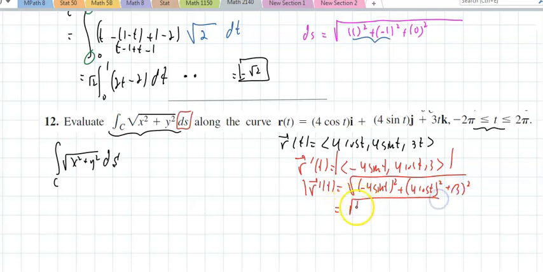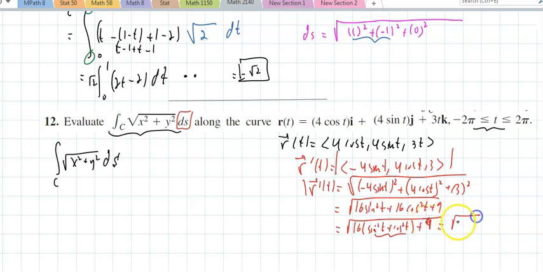That's the square root of 16 sine squared of t plus 16 cosine squared of t plus 9. If I factor a 16 out, and I know sine squared plus cosine squared equals 1, this is the square root of 16 plus 9, which is the square root of 25, 5.